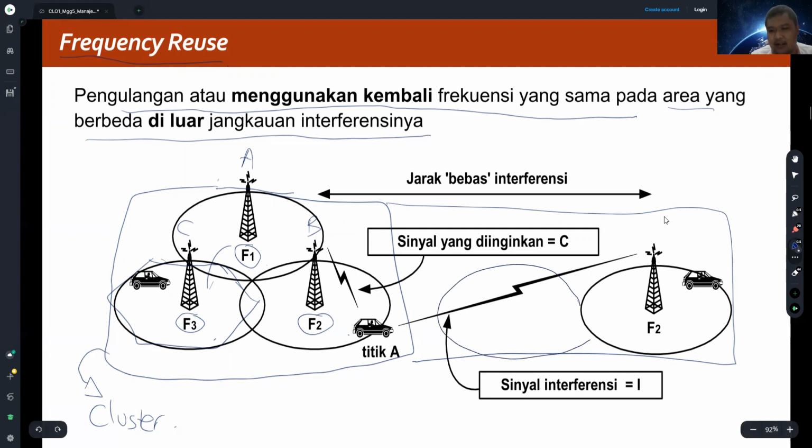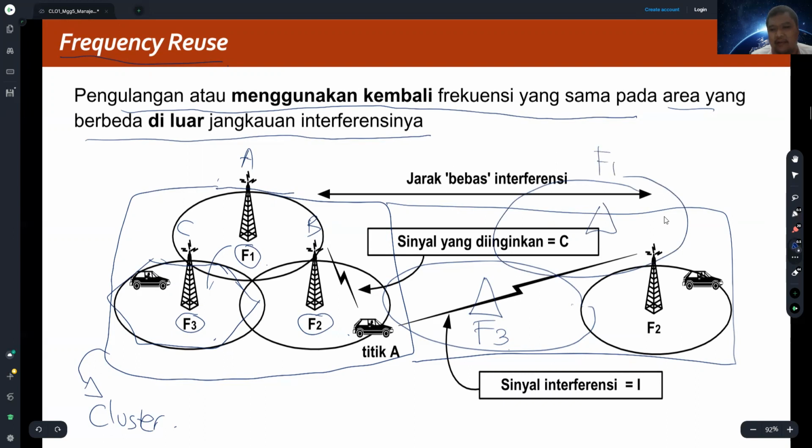For example, we'll do it like this, so they will be adjacent to each other. The cell over here will have frequency F3, and the cell over here will have frequency F1.